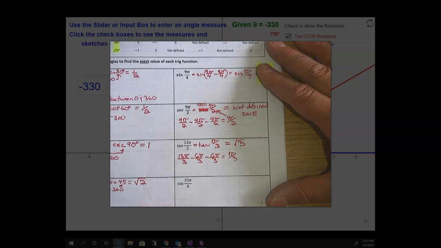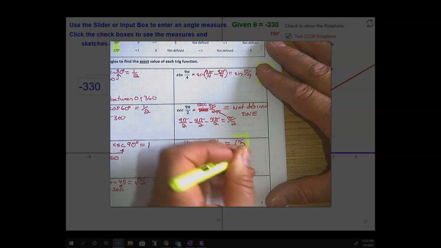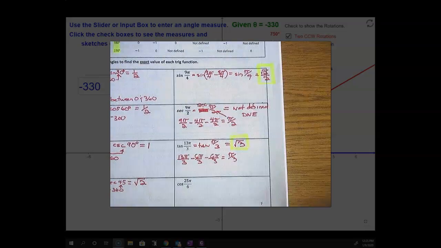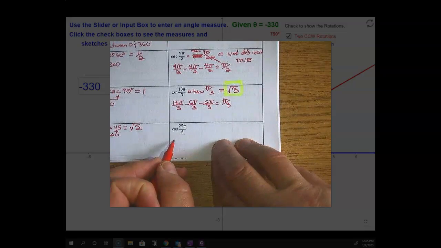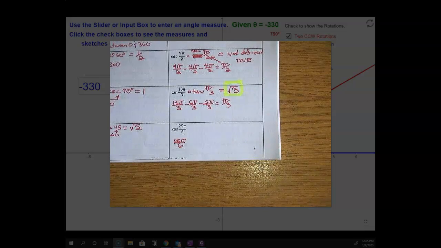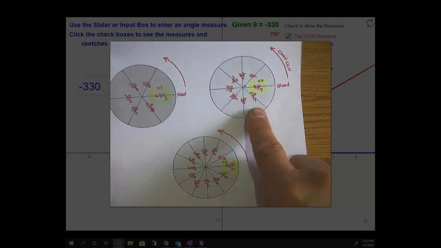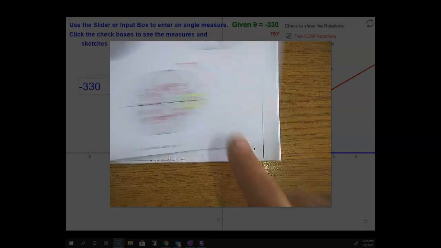Alright, last one. Okay, 25 pi over 6. So to subtract 360, I subtract 12 pi over 6.